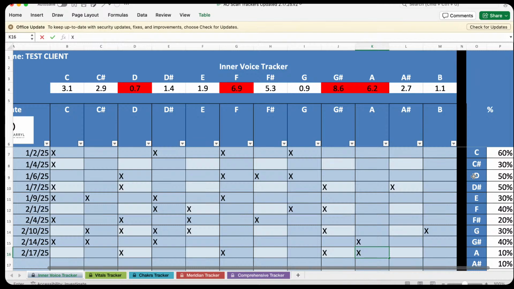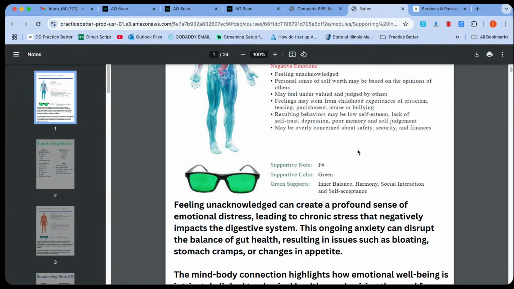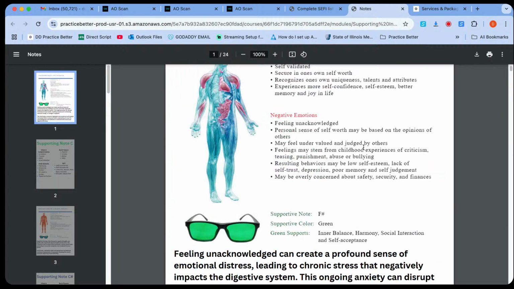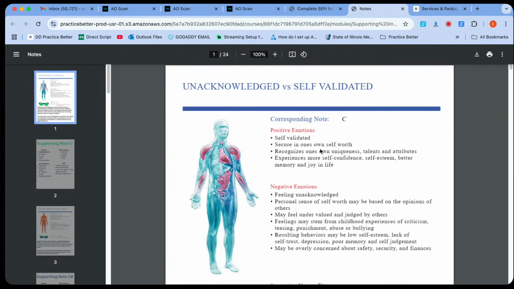Once I knew that C came up 60% of the time, I would then go over to the other thing that you all have access to, which is the notes file. And I would find C. I happen to be on C, amazing. And I would say, C is coming up 60% of the time.